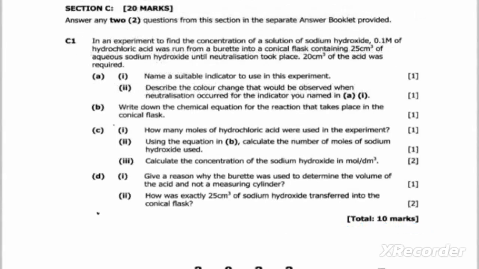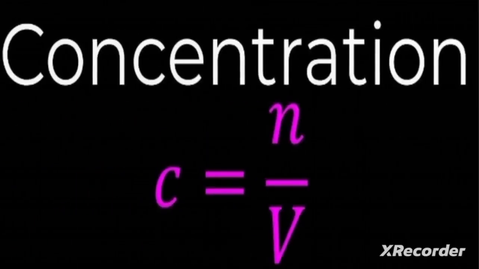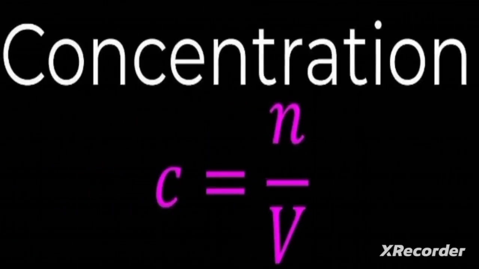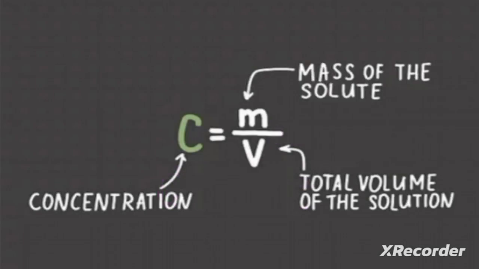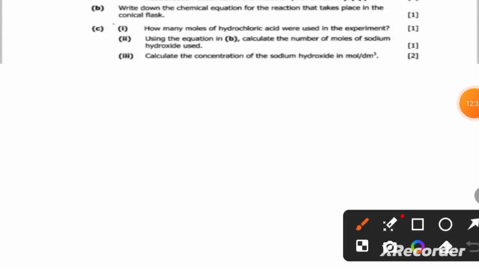Calculate the concentration of the sodium hydroxide in mole per cubic decimeter. To find the concentration, we are going to use this formula: concentration is equal to number of moles over volume.